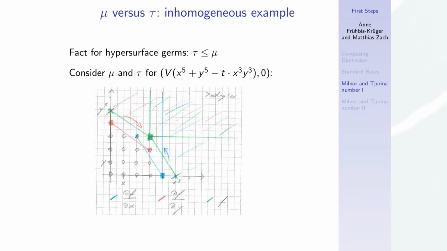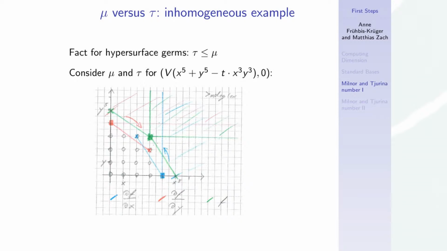Now, passing from the Milnor to the Tjurina number, we put in f, that's the green one here, and of course we see x to the 5th is a multiple of x to the 4, so we can subtract a suitable multiple of the partial derivative by x, so of the blue line, from the green line to cancel out x to the 5th and get a contribution to x cubed y cubed.